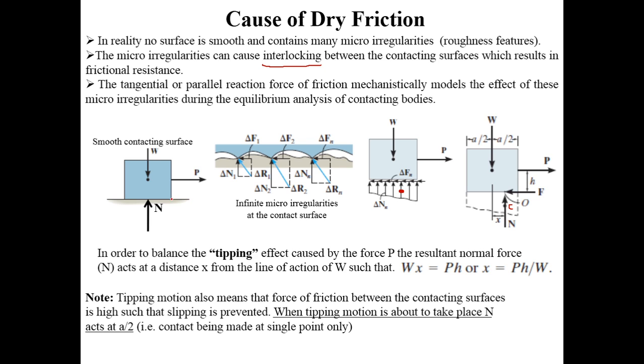Tipping means that this box is going to turn over or topple over the surface. For example, it will be something like this. This force can do something like this. So you see, this force can actually cause this box to topple over from this surface. This is known as the tipping effect.